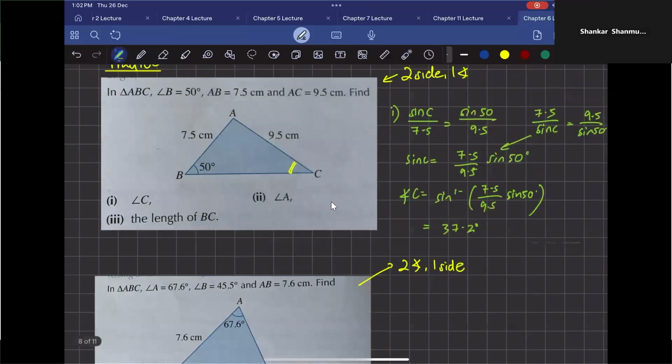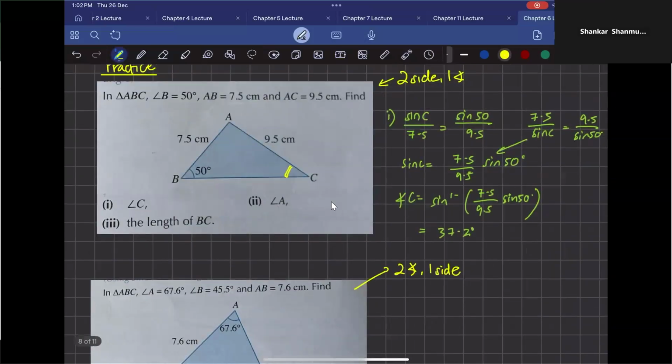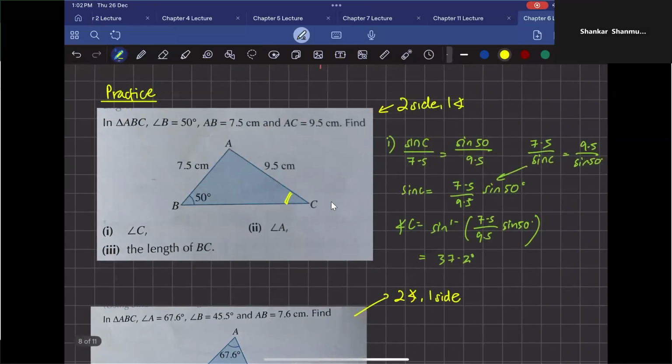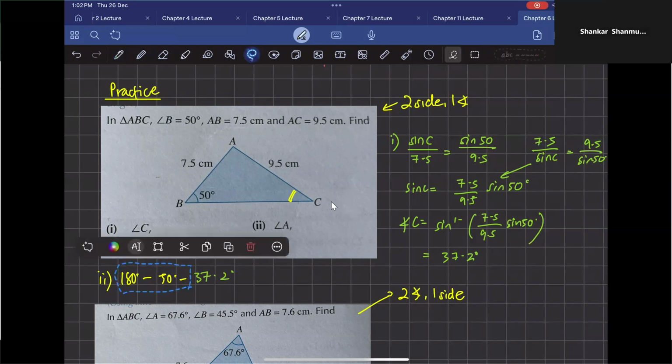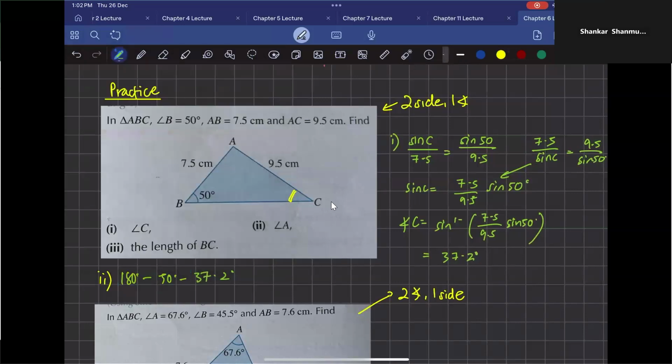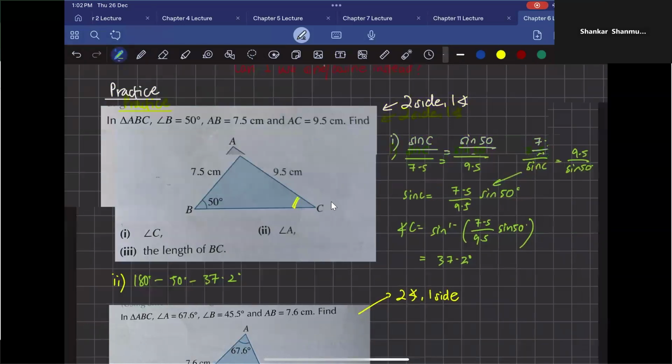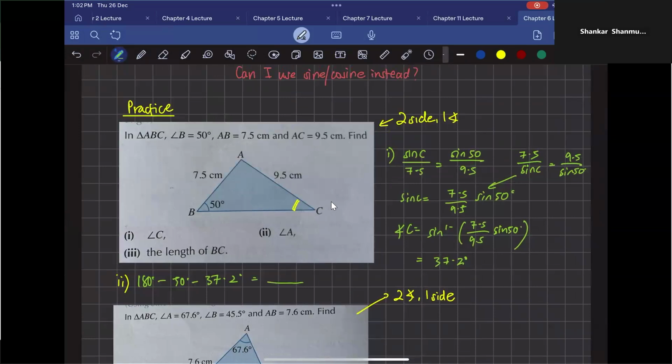Oh, sorry, there's still part two and part three. Okay, so angle A, again, you can use sine rule, but an easier method would be just doing 180 degrees minus 50 degrees minus your part A answer, 37.2 degrees. Okay, then you'll get your final answer.